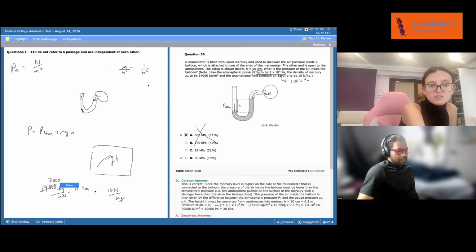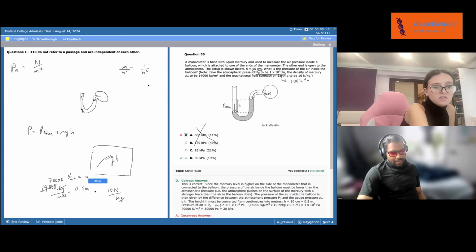And 7,000 times 10 is 70,000. And this is going to be in newtons per square meter, which is a Pascal.